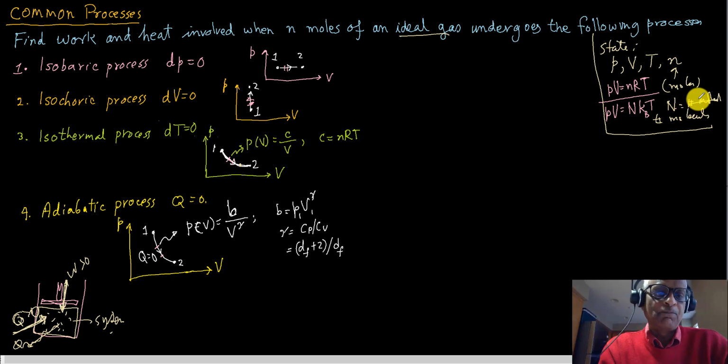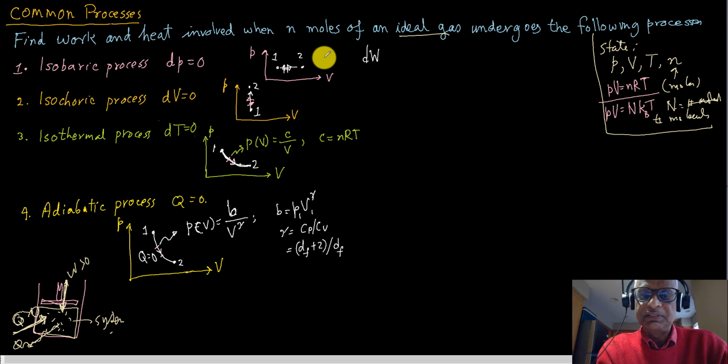Okay, so what's going to be the work if we go from 1 to 2? We are going to do it very simply, using our basic definition. In any small step, dW from point 1 to point 2 is minus P dV, right?